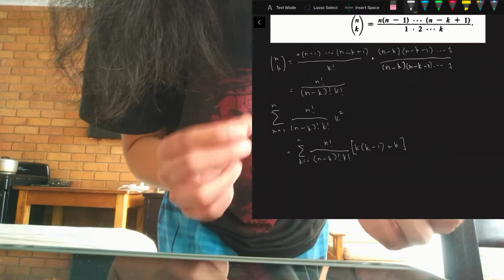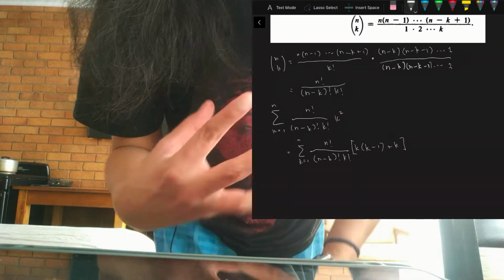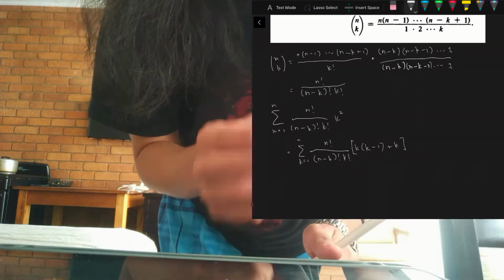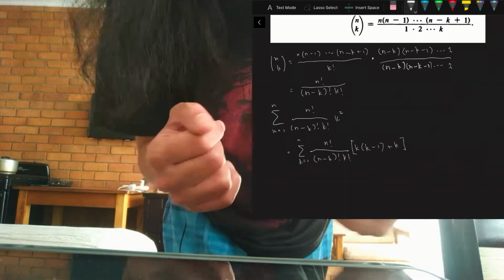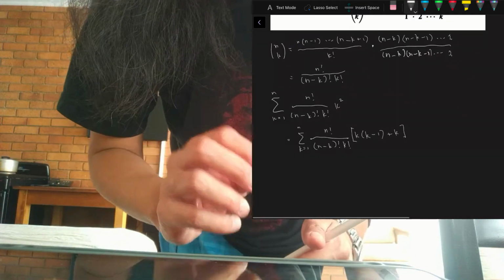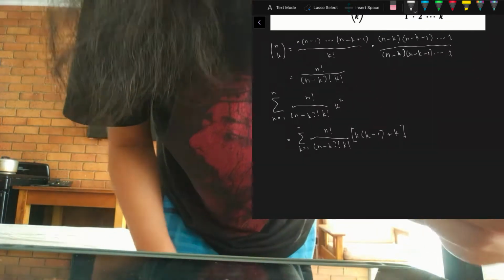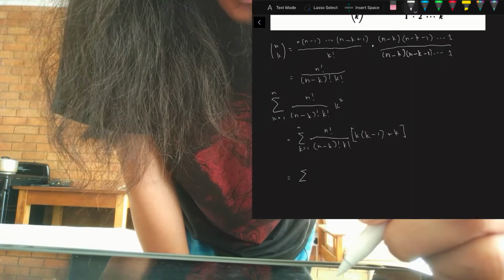But I wrote it in that form so that it can interact with the k factorial at the bottom. And when I say interact, I meant because k factorial, when you expand it, it becomes something like k times k minus 1. And you can see some of the terms, the k's in the numerator now will cancel the expanded k factorial in the denominator. Okay, so now what happens is we get two terms.